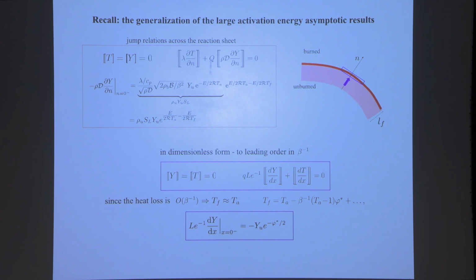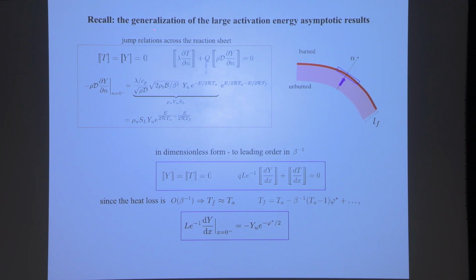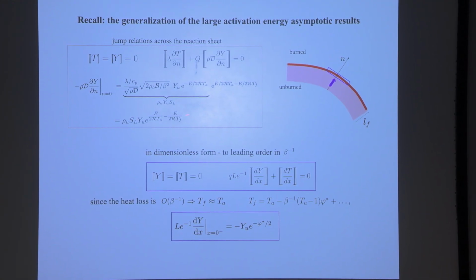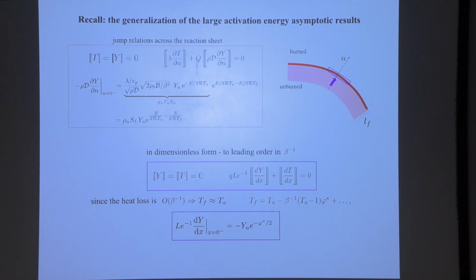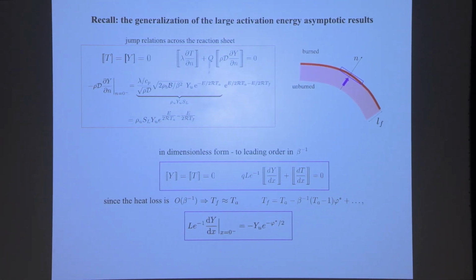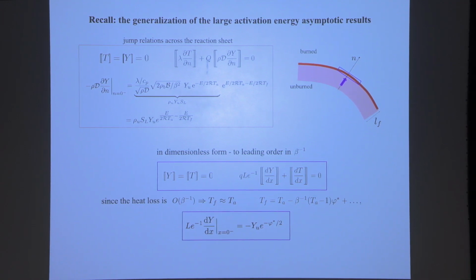This is just a reminder from yesterday that we can generalize the analysis of the reaction zone by saying that effectively concentration and temperature are continuous across the reaction zone, that there's a relation between the jump in the temperature gradient away from the flame, because with heat loss you also have temperature gradients on both sides, and the concentration gradients.